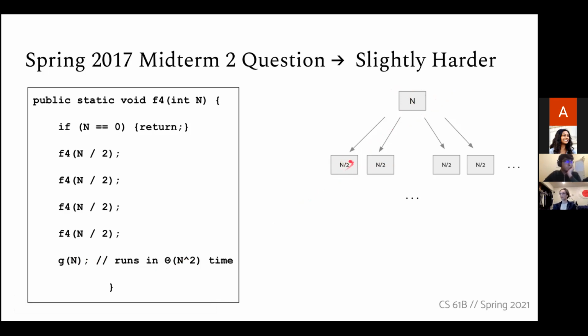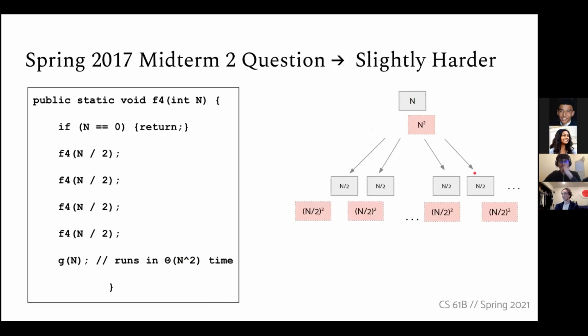For example, this node will be doing n squared over 4 work, this node n squared over 4, this node n squared over 4, and the same with the last node. These pinkish red boxes represent the amount of work associated with each node in the tree.